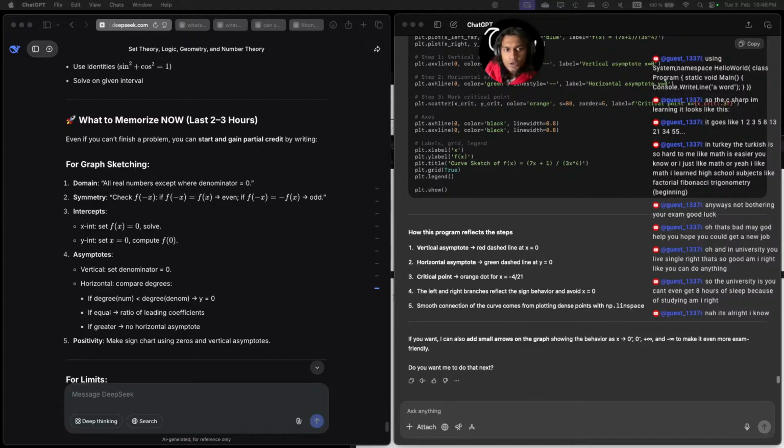So the C sharp I'm learning looks like this: using System, namespace, Hello World, class Program, static void Main, Console. Okay. C sharp, what is that? Is it a coding language or something?